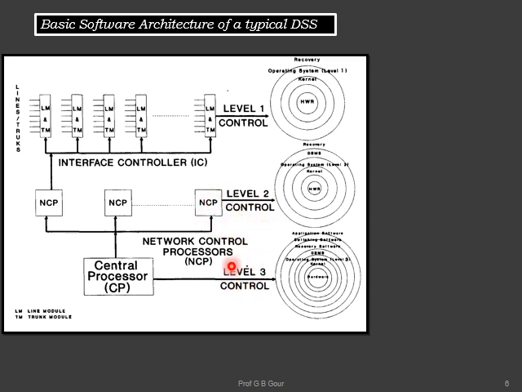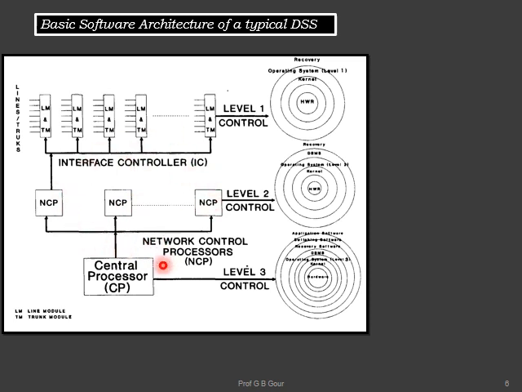Again, come back to level 3 control. If you see here, the central processor is there, nothing else. The master processor may be a central processor. The specification depends on how much data, how much management, or how complex your network is.